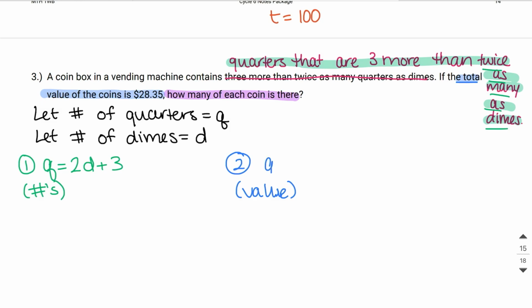Very often people will say Q plus D equals $28.35, but that's actually completely incorrect, because then you're just saying, like, if I have 3 quarters and 8 dimes, then I have $11 or 11 cents. That doesn't make sense. You don't add up the number of coins you have to say how much you have. You multiply the number of each coin that you have by what it's worth. So if I have 3 quarters, that means I have 75 cents, because I'm multiplying 3 by 25 cents.